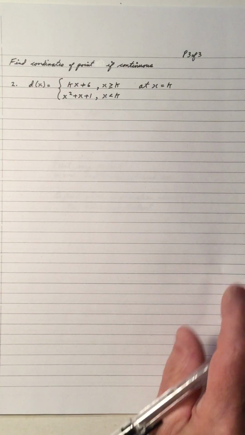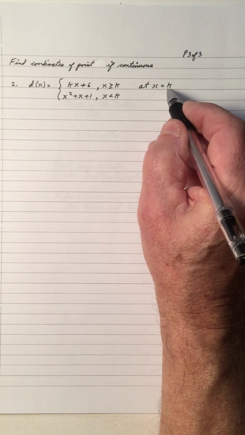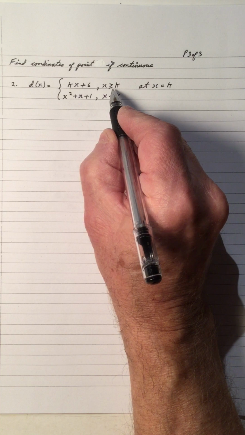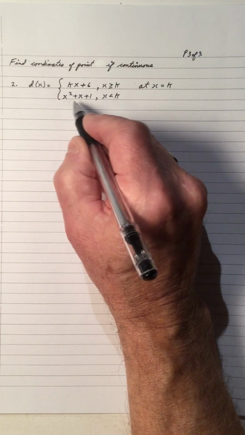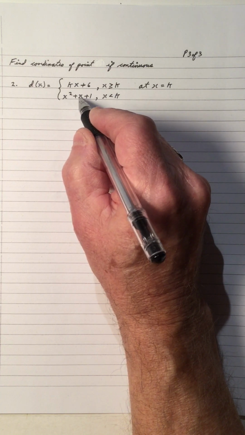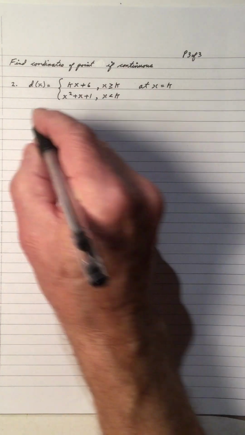Number 2, find the coordinates of the point if it's continuous, and it's continuous on the d of x at x equals k. Again, on the right side, we have kx plus 6. On the left side, which is less than, we have x squared plus x plus 1. Again, to be continuous, the left side has to equal the right side.